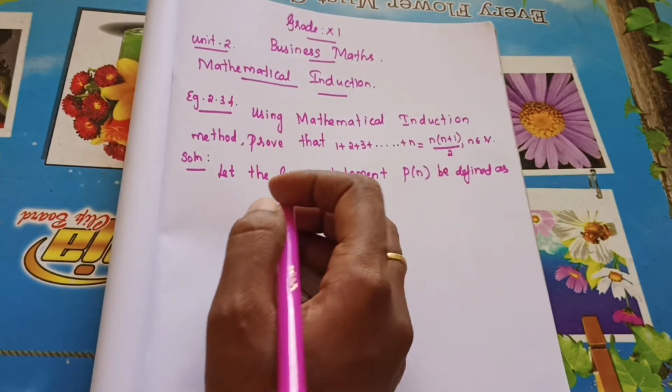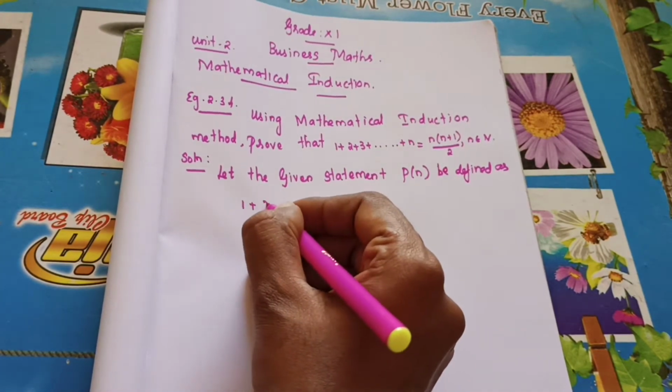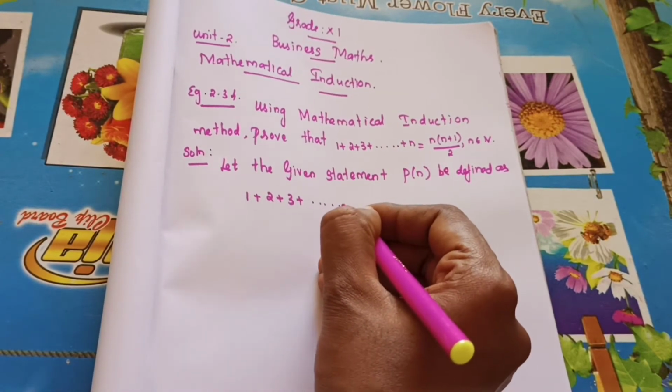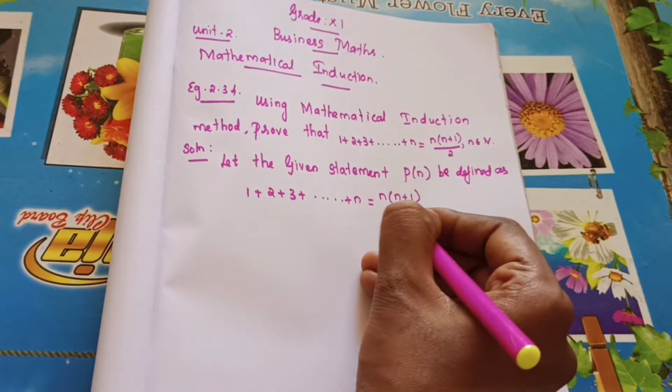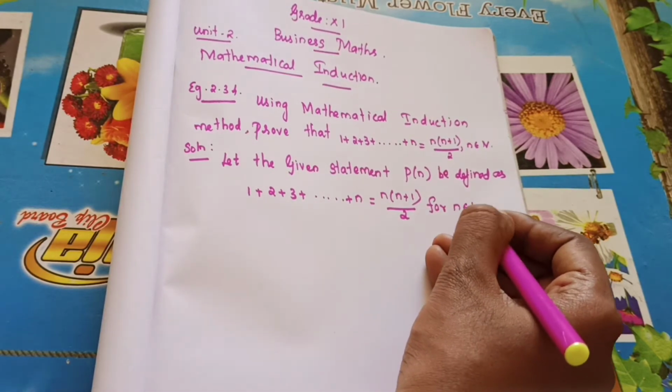P of n is defined as 1 plus 2 plus 3 plus and so on plus n is equal to n into n plus 1 by 2 for all n belongs to N.